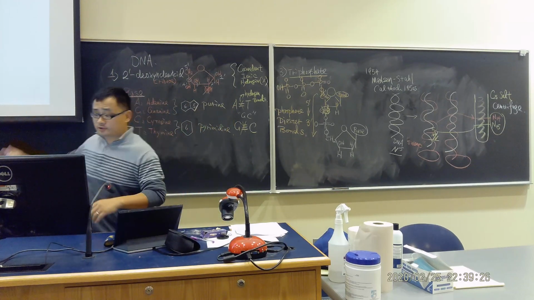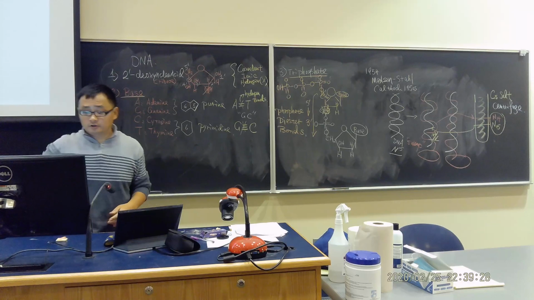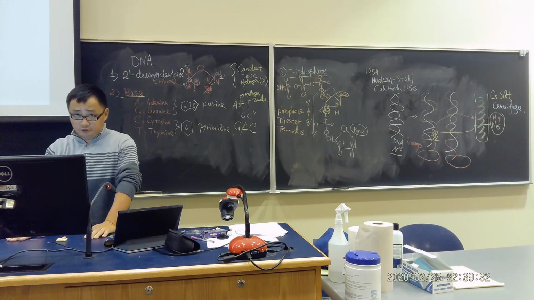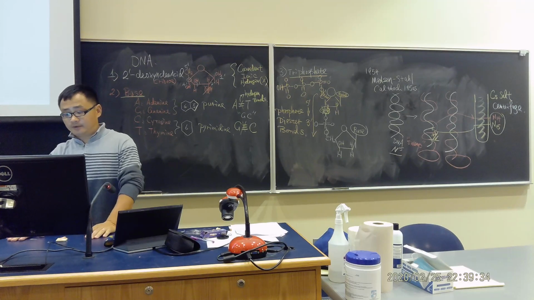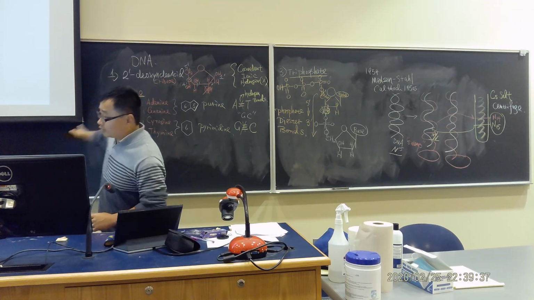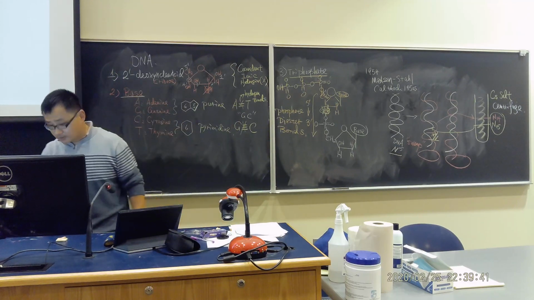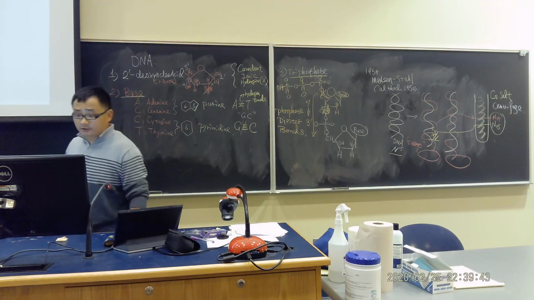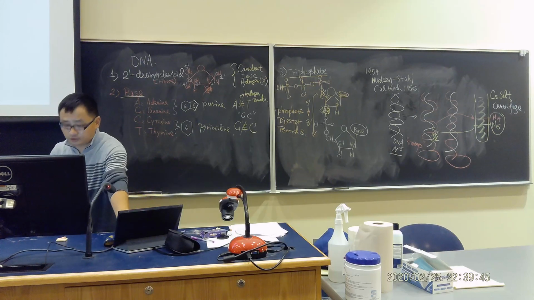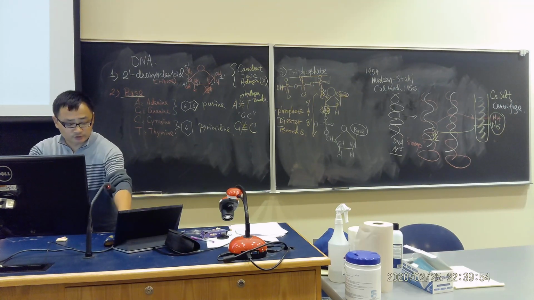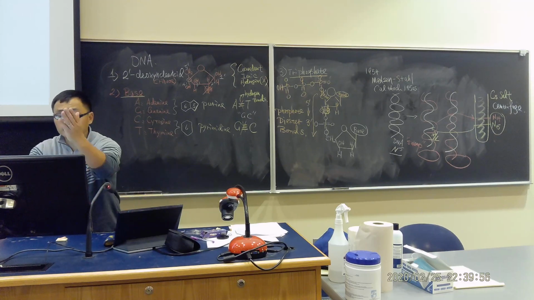And you can read about these in genetics: A, G, C, T, A complements with T, G with C. I separate them to let you understand some important things for the DNA, and this was already talked about. A and T, 2 hydrogen bonds, G and C, 3 hydrogen bonds. DNA runs in opposite directions, 3 prime to 5 prime, and 5 prime to 3 prime. Okay, running in opposite directions.